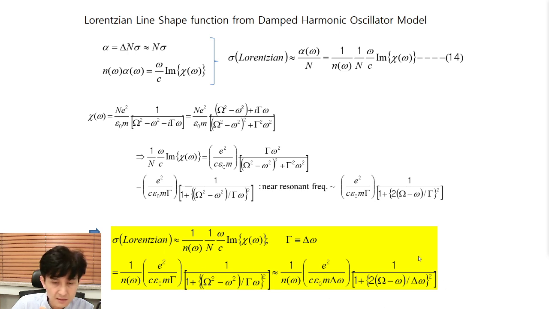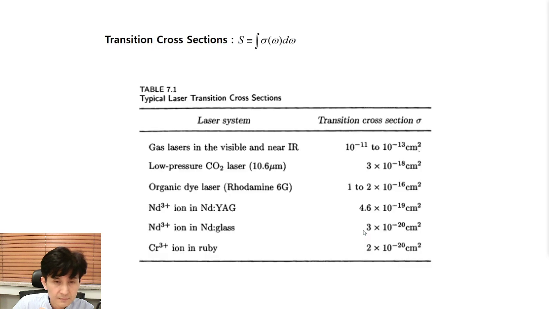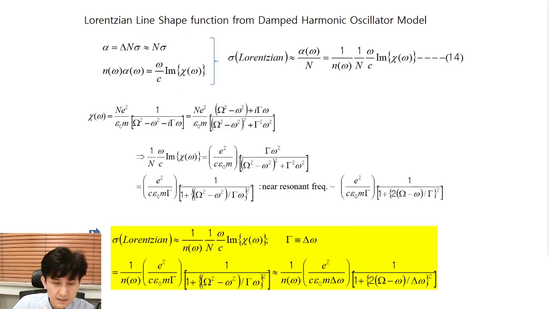It is basically a Lorentzian shape. It is just 1 over n times omega over c, imaginary part of chi. And we have the analytic expression for chi, which is like this. That's the reason why sigma becomes a function of frequency.